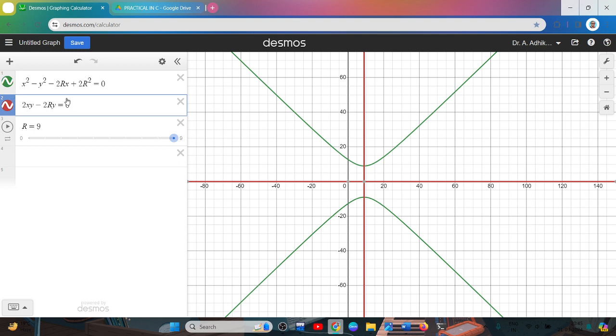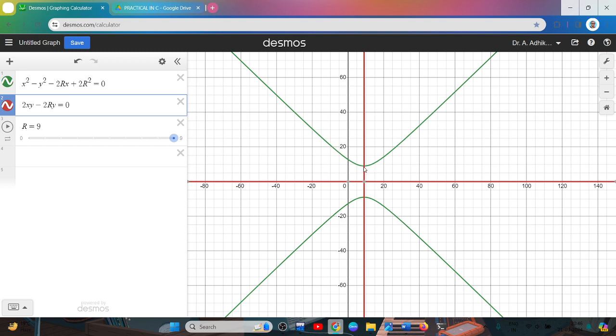If we plot in the Desmos app, the green curve is u(x,y) equal to 0, and the red straight line is for r equal to 9. Actually we solve this simultaneous non-linear equation.